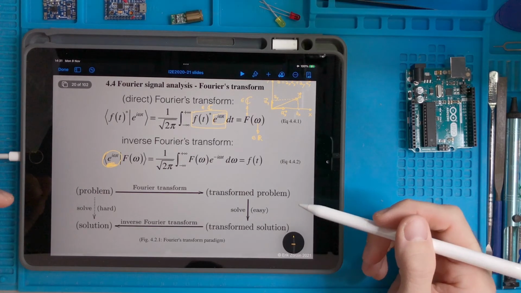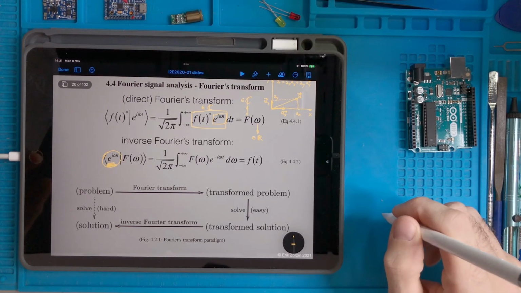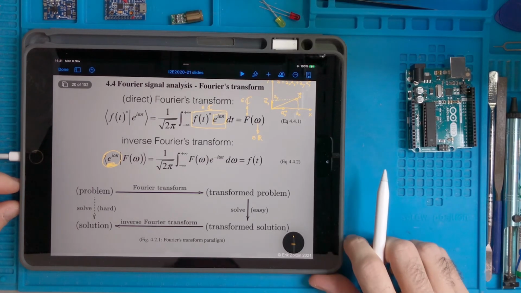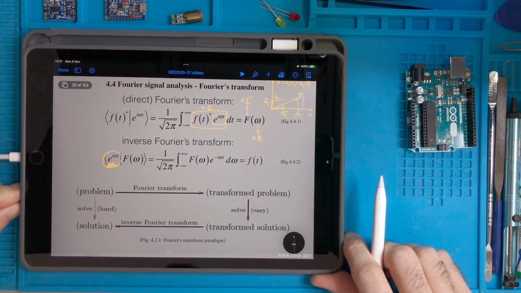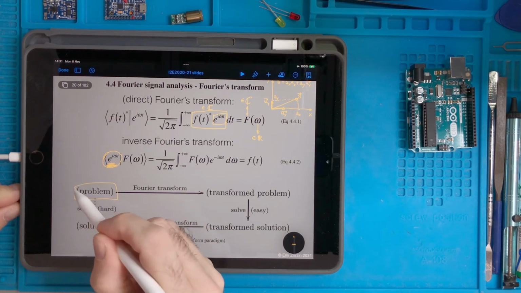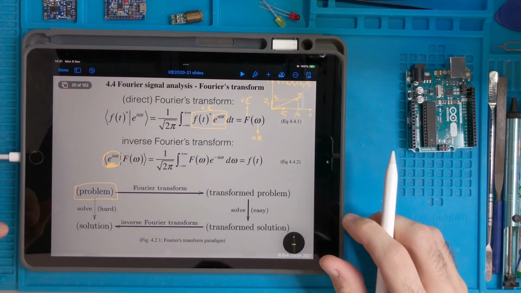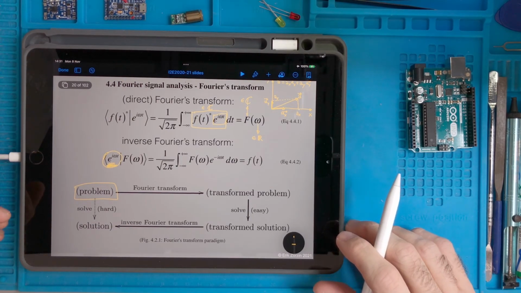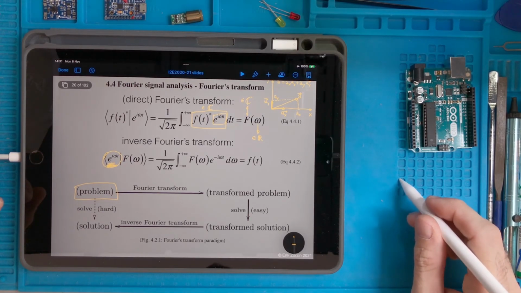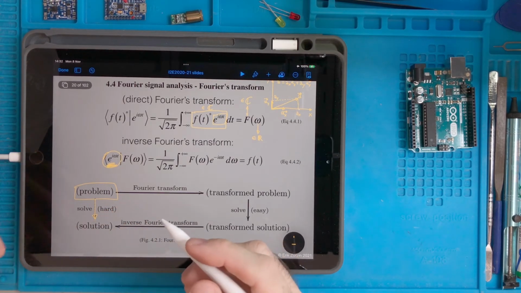So here we have a diagram that tries to explain why we want to do this. The reason is quite simple, and it relies on the fact that sometimes we have a problem we want to solve, and this problem is expressed in what we call the time domain. So we want to see how, for instance, a function evolves in time according to a certain equation we have.